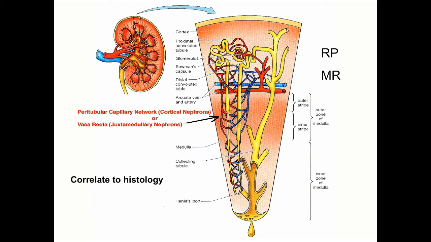The first thing I would like to consider is you should be able to relate or correlate what you see in a histological section to what you might think of as the structure of the kidney. For example, if you were to take a cross section like this, you'd see profiles of tubes.